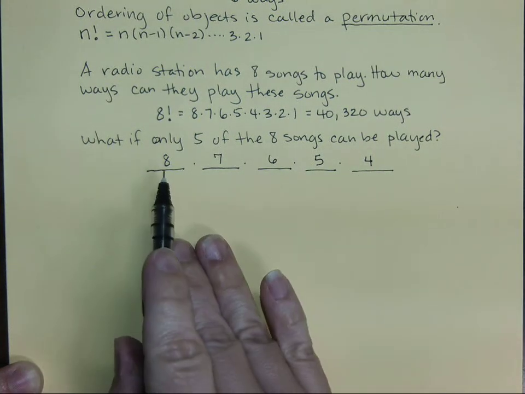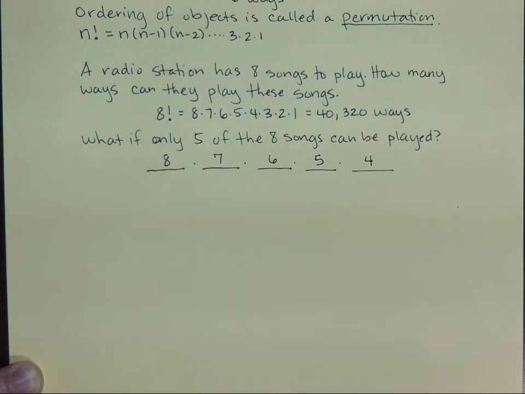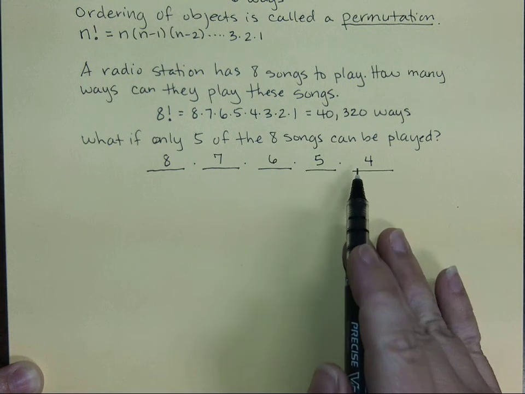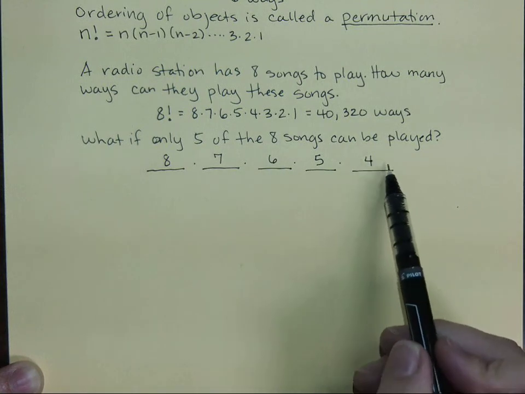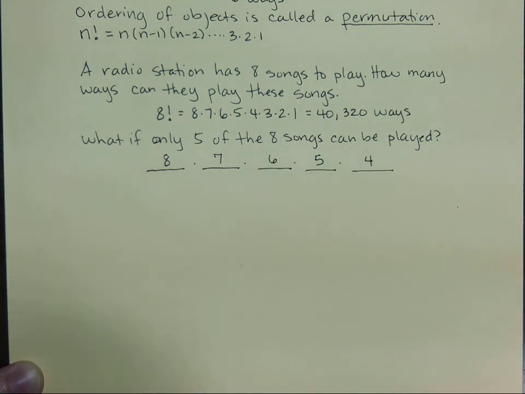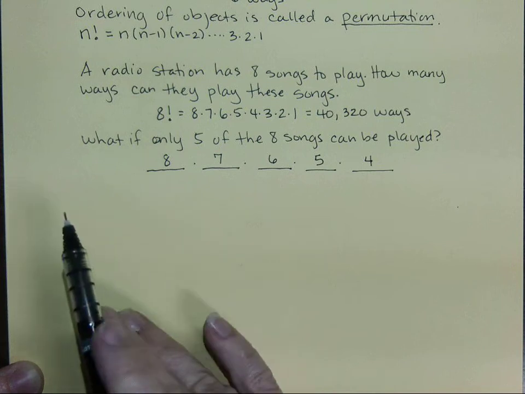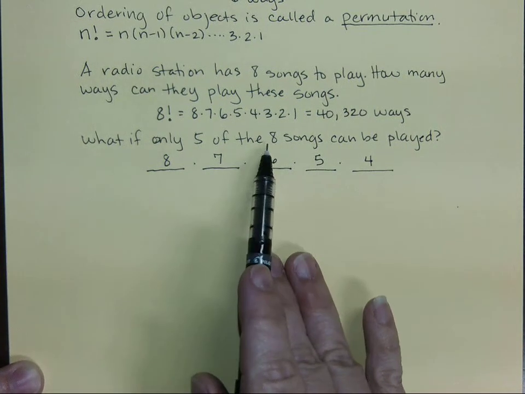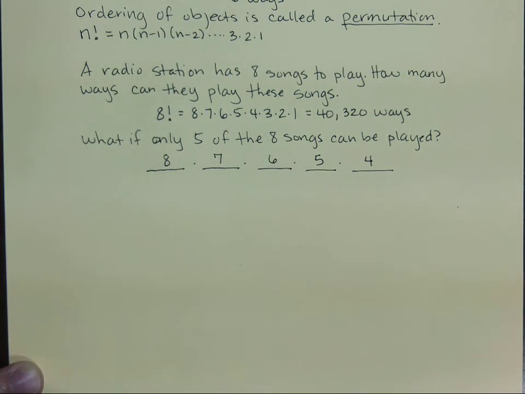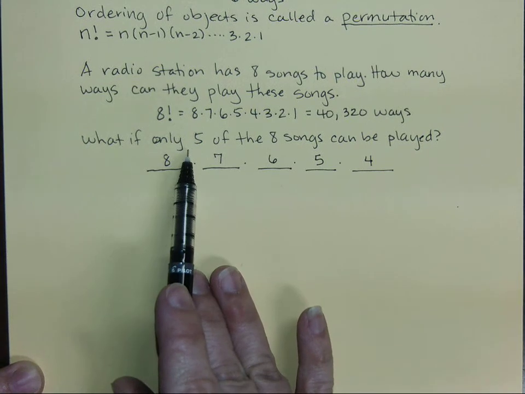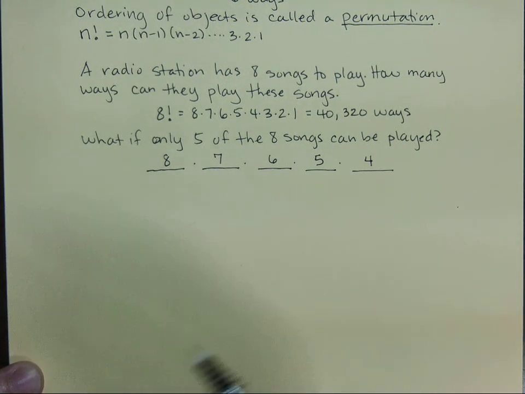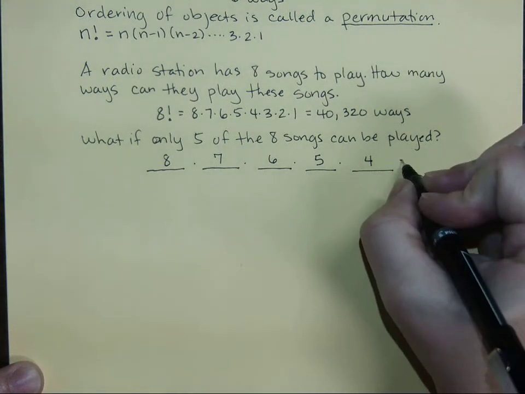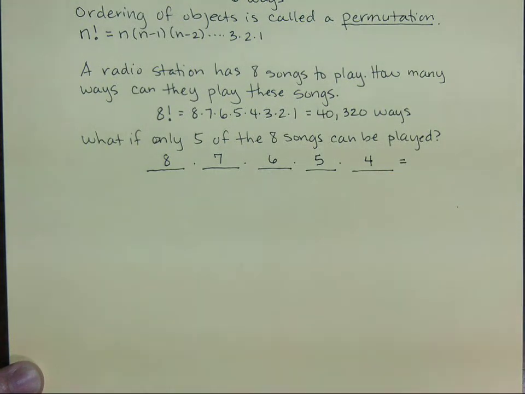So we only have these 5 songs to play, and so when you get down to the end, you're not going to be using this 3, 2, 1, because for the last song you had 4 options and you just chose one. So when you have a certain number of items possible, and you only want to choose a specific number from that, then you want to use these lines to think about your options.